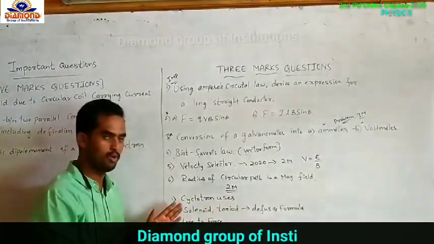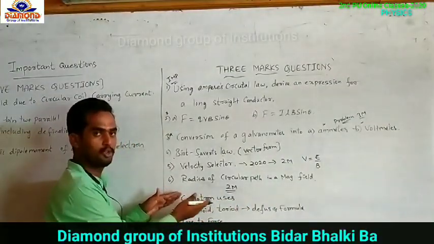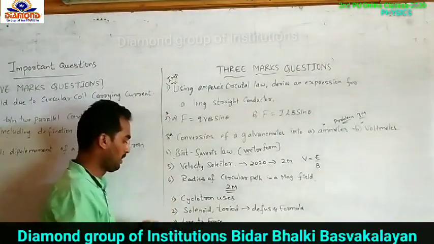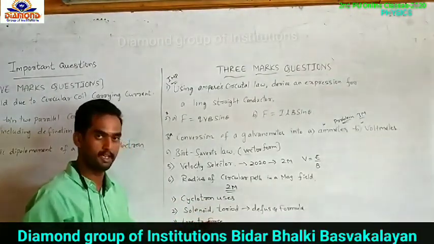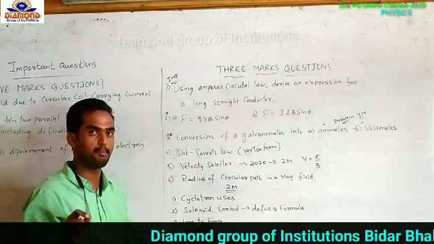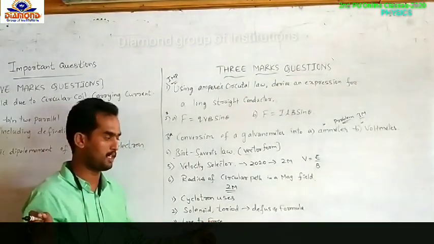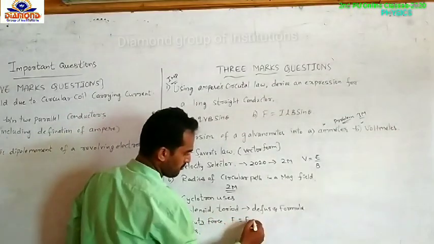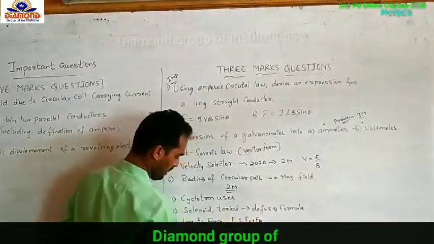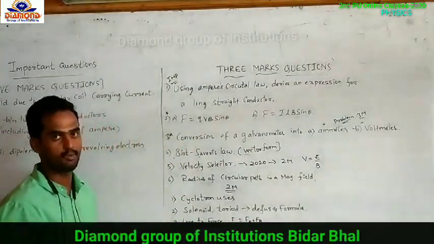No need to practice the derivations and the working. Then remember the Lorentz force formula. The Lorentz force explains the force due to both the combined electric and magnetic fields, that is F equal to Fe plus Fb, already studied, and practice the most important rules also.